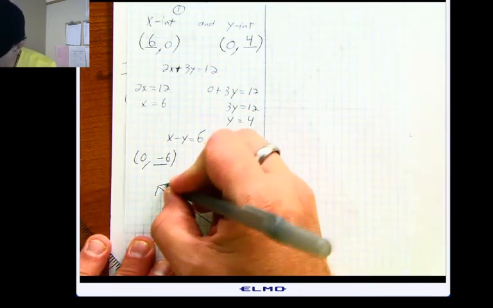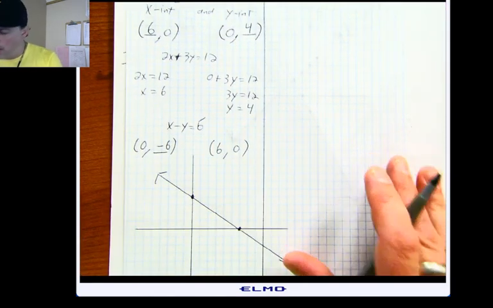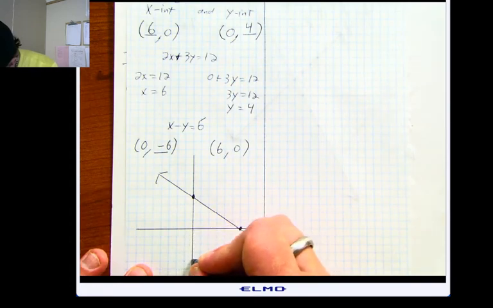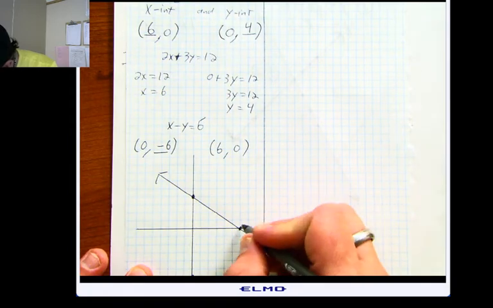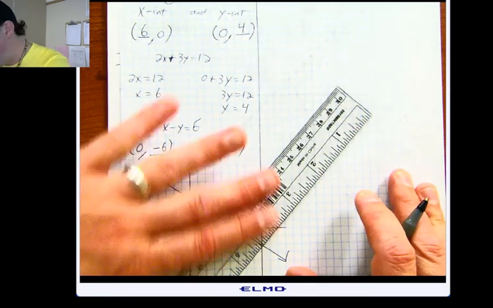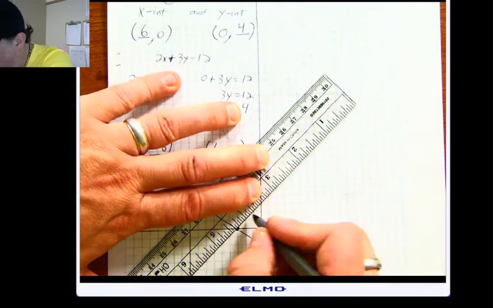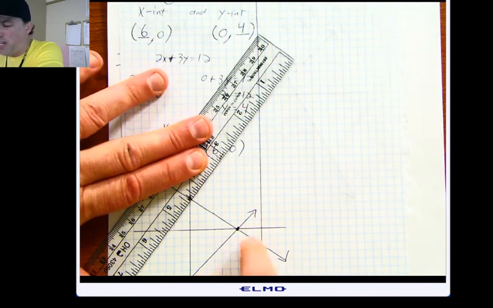Don't forget to put arrows on your graph. Then the second line, I had (0, negative 6), 1, 2, 3, 4, 5, 6, and (6, 0), oh, that's right here. Connect the dots.